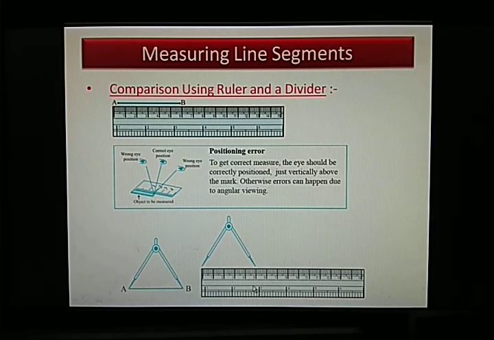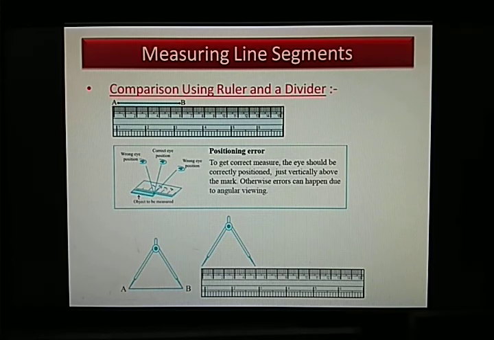Clear? Here also the positioning error might occur, but there are fewer chances because we are using another tool, that is a divider. So by using the divider we can get the exact length and measurement of the line segment. Here the chance of error is very low.